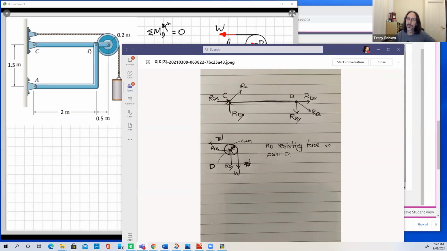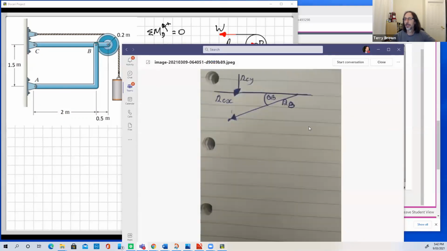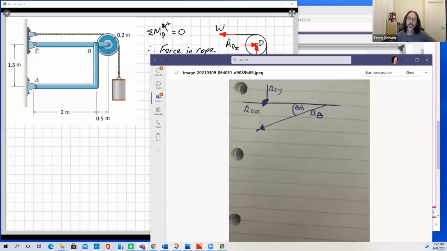The other thing is that we've recognised that RAB is a two-force member. So our force at B must be along the line joining A and B. Again, this is so good. We've got RCY and RCX here at the pin connection. That's correct.